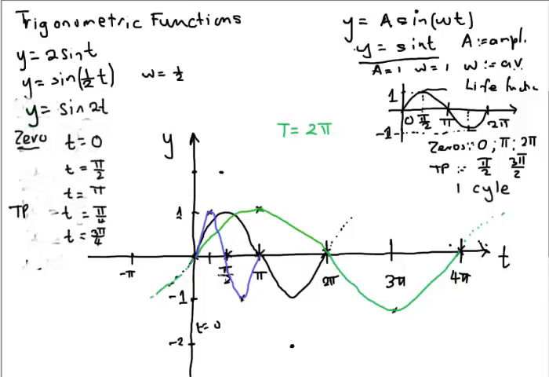Altogether, there is the thing. Now you can compare the two. When the angular velocity is small, it takes a lot of time to complete the period. When it's high, it takes almost half. Now you can see this is 1, this is half, and this is 2.